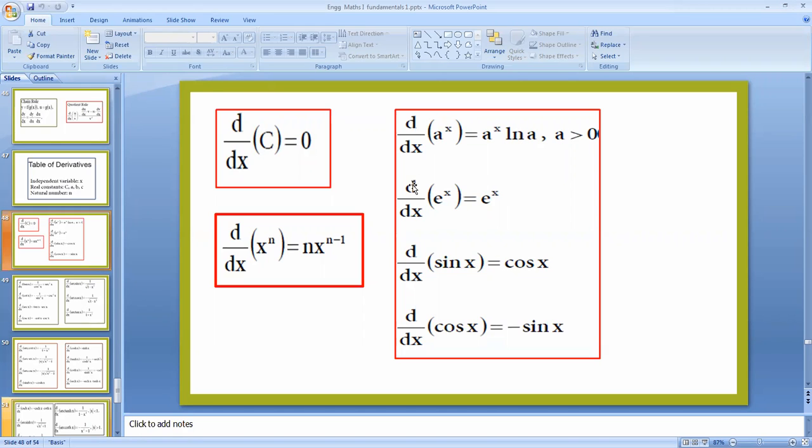So see here, what is that next? d by dx of e raised to x. It is e raised to x. But instead of that, there is e raised to x square. So you get the differential of e raised to x square. If there is e raised to x, you can find the differential. That is e raised to x. So here in this, in base, there is exponential function.